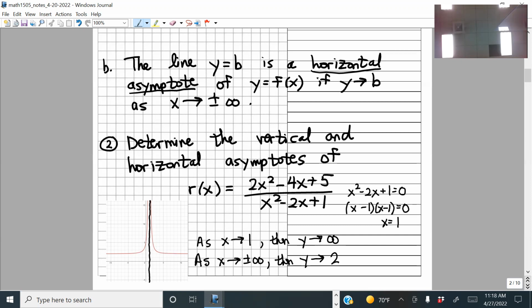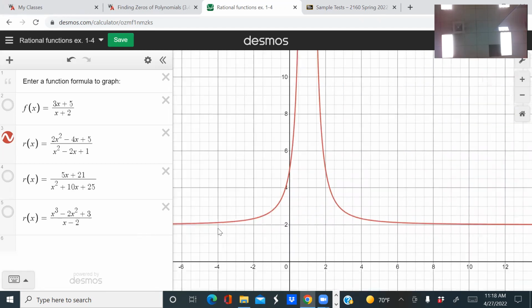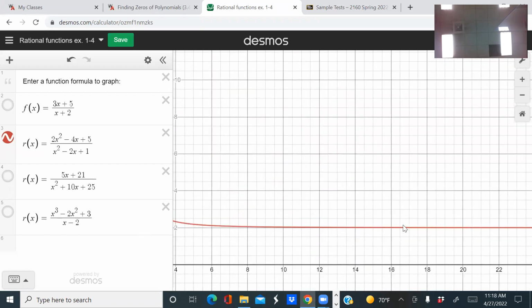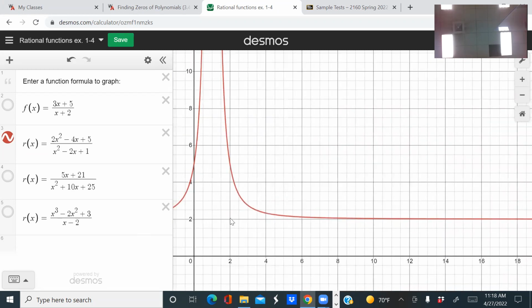Remember the picture? See, as x is going down here to negative infinity, here it is at negative 16, but as it goes further and further to negative infinity, it looks like the y values are dropping off to positive 2. Same thing here on the right-hand side. As x gets close to positive infinity, it looks like your y values are getting closer and closer to 2.